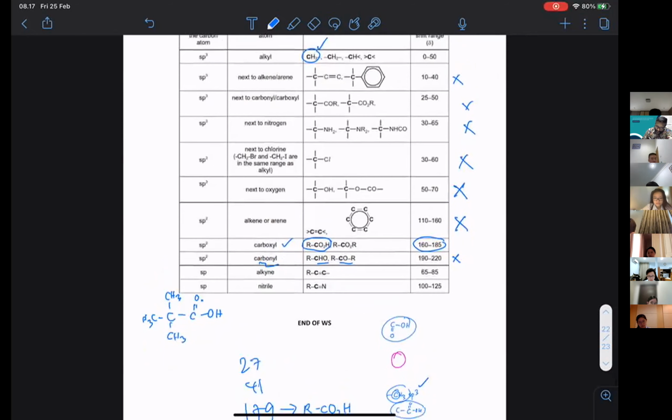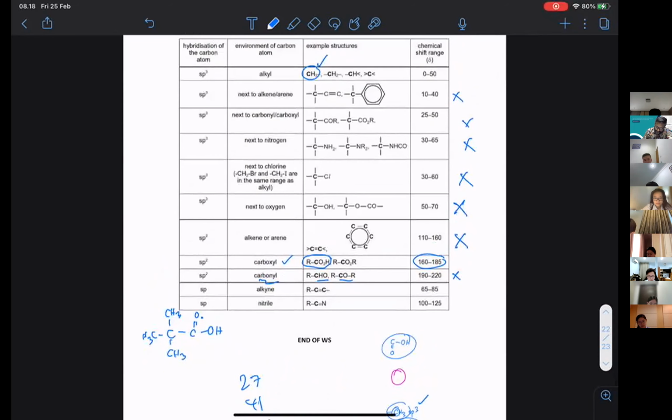Or 41. 41 is attached to the carbon that is attached to the C=O. Let's see: sp2 next to carbonyl is 25 to 50. 0 to 50 is the alkyl group, and next to the carbonyl group is 25 to 50.